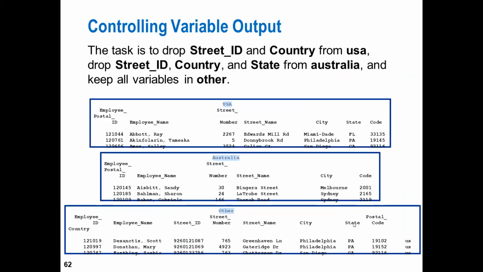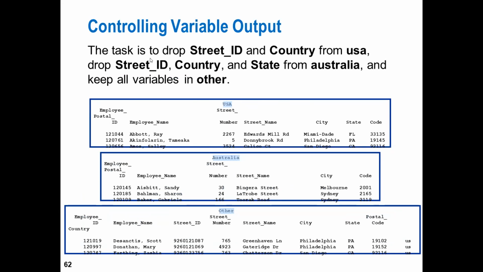Now, as per our business requirement, look at here for USA. See, you have employee ID, postal code, name, number, street name, city, state, code. So these are 7 variables. Australia 6 variables, others all 9 variables.